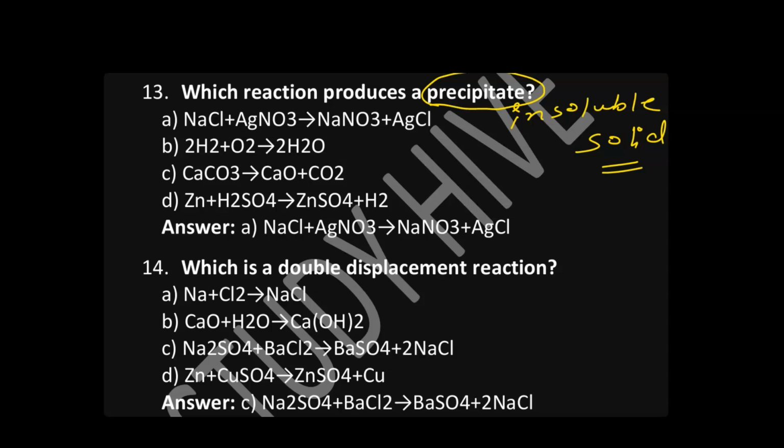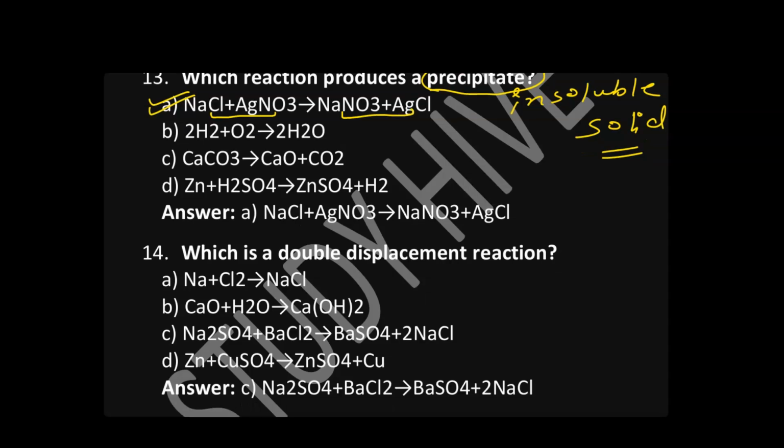Sodium nitrate plus AgCl, silver chloride. Here these are reactants and these are products. So as per the definition, when two or more reactants react together and form an insoluble solid precipitate, it is termed a precipitation reaction. So A is the right answer. Now move on to the next question.